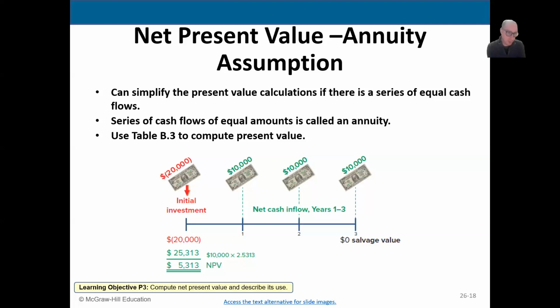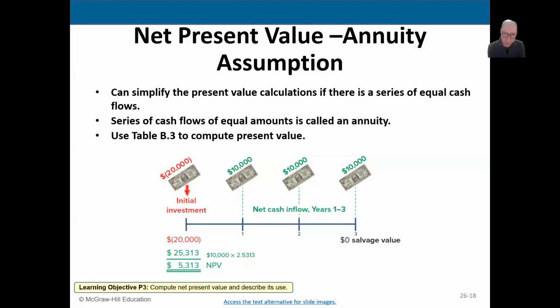Here's how it works. The initial investment is $20,000. We expect to have equal net cash flows every year of $10,000. The machine has a $0 salvage value at the end of year 3. We make the initial investment of $20,000.